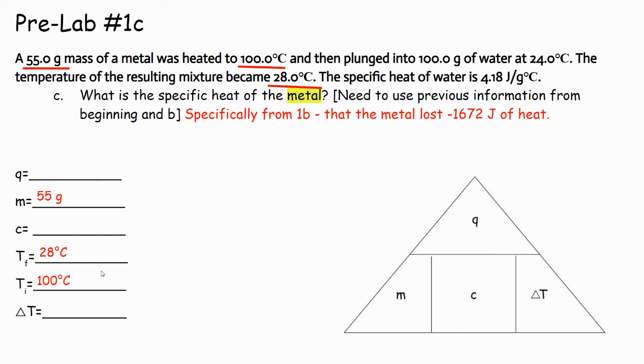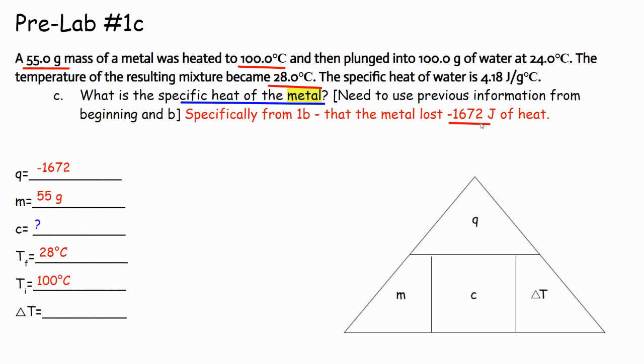We're not using the specific heat of water because we're looking for specific heat. We also know that since the water absorbed 1,672 joules, the metal lost that same amount. So we know how much heat it lost, and because it lost, that's a negative number. So we have our Q.